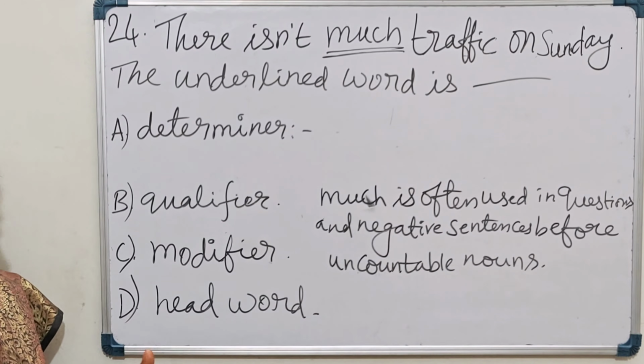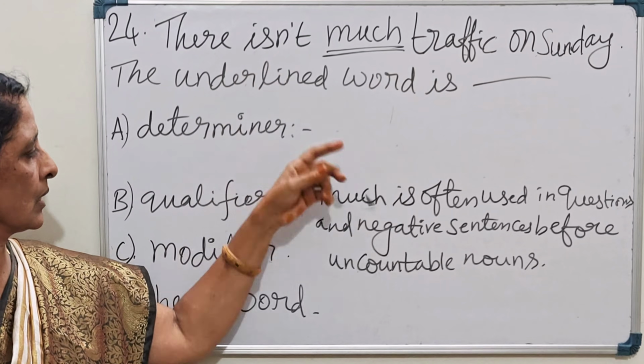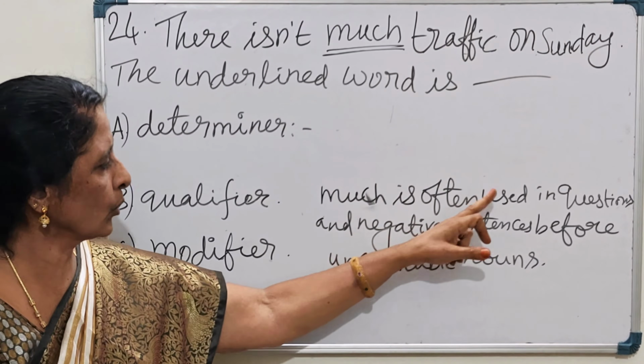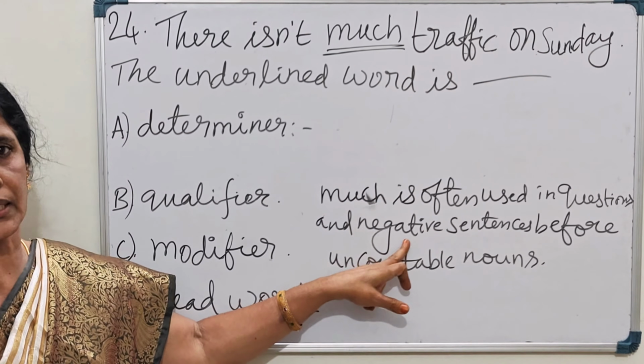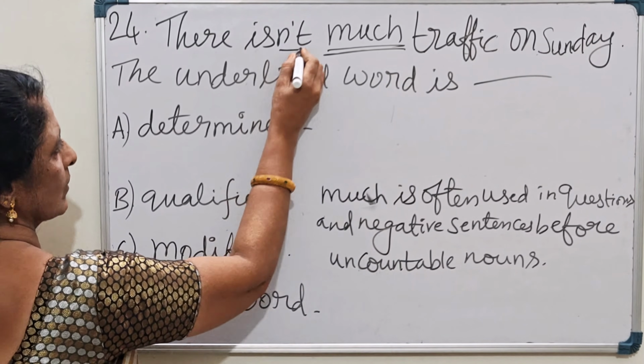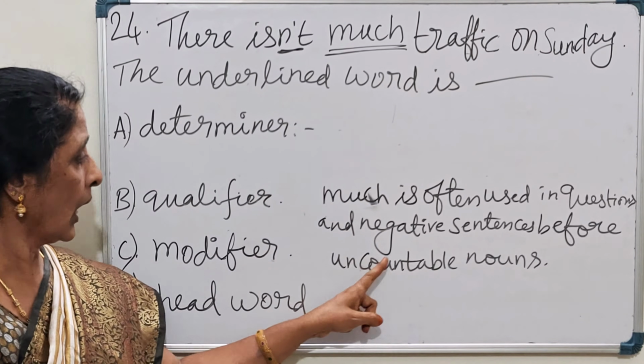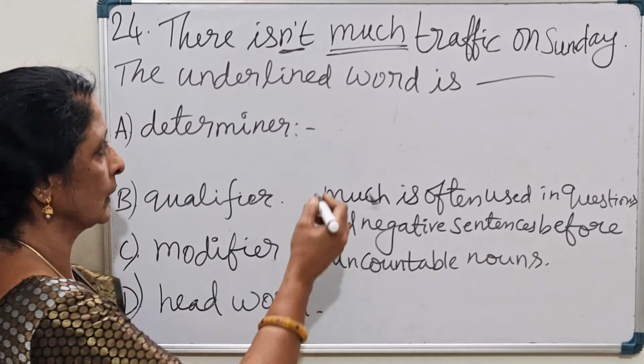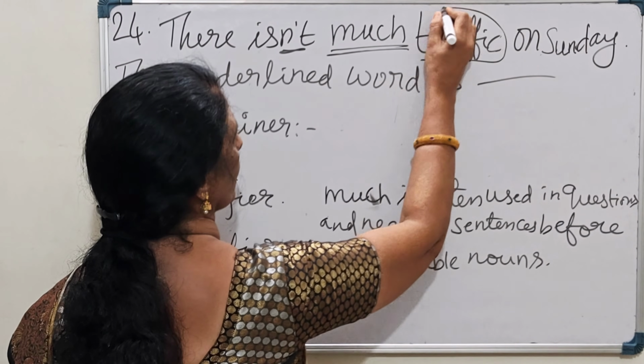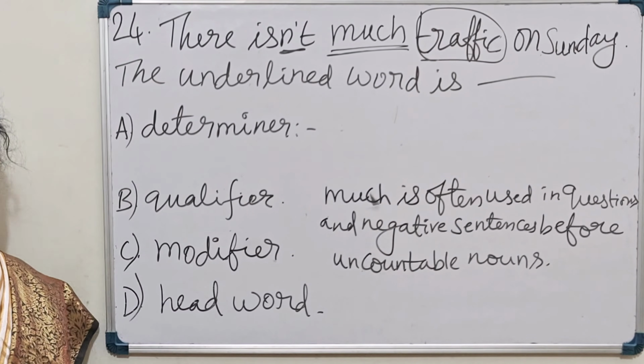Now you see the first sentence, there isn't. Much is often used in questions and negative sentences. You can see here negative sentence is here. And before uncountable nouns. Traffic is an uncountable noun.